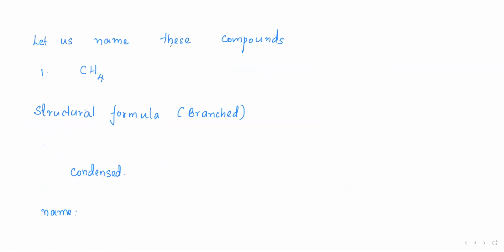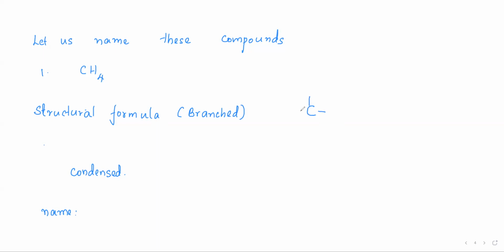Moving on, let's take certain specific examples and study. First one is methane. I mean, CH4 is the formula. Okay, this is the molecular formula. The same molecular formula can also be written in a detailed way, meaning show the carbon.